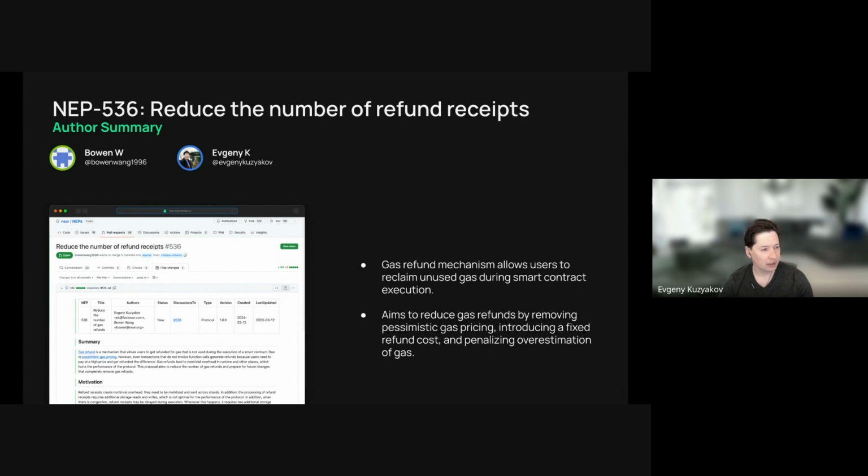At the same time, it creates the overhead of accounting for the future receipt when we estimate the parameters of the network, because when you estimate how much actual compute you would spend, you would have to account for all the receipts that are flying back for a simple transfer. So this NEP eliminates the pessimistic gas price increase. That's the first change.